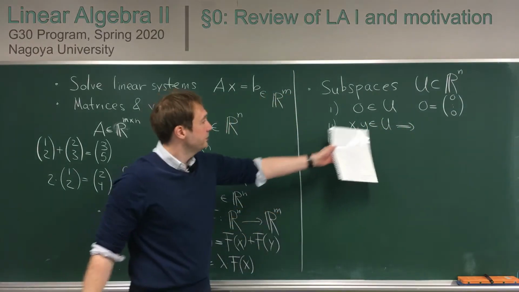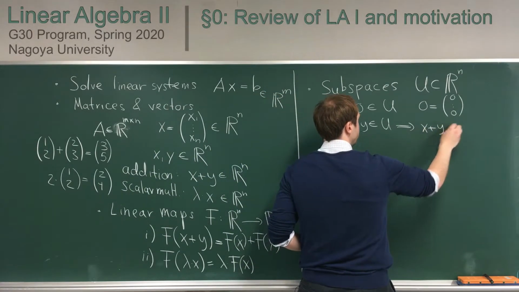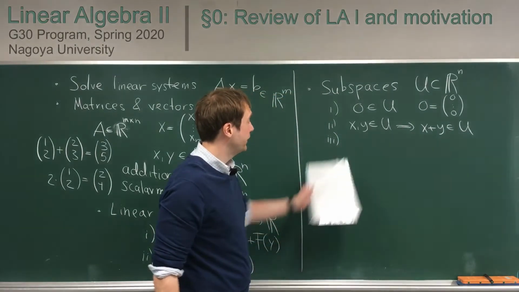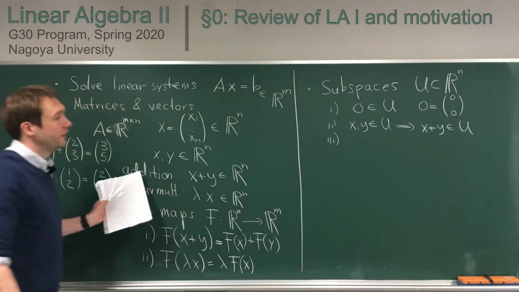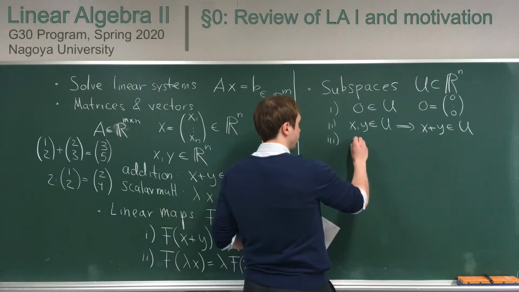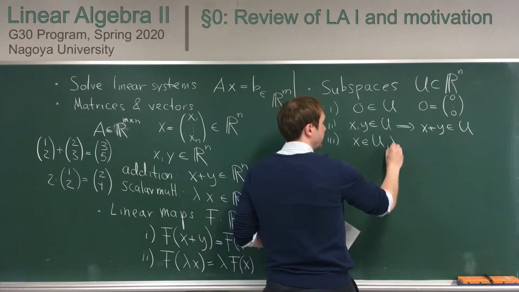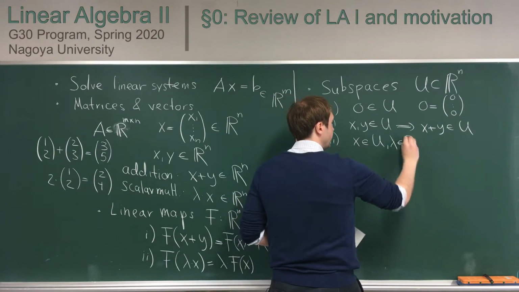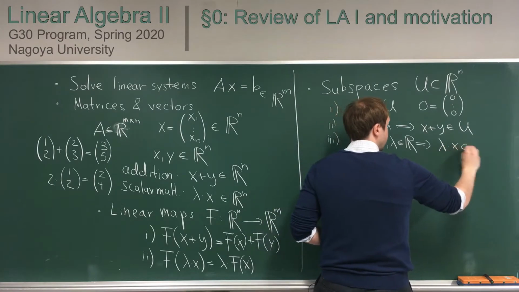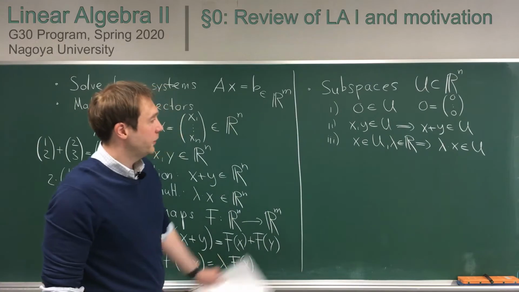then we can add them, and the sum should also be in U. So the subset U needs to be closed under this addition, but it also needs to be closed under the scalar multiplication, meaning that if x is a vector in U and I have a real number lambda, then also lambda times x should be in U. And we gave a lot of examples.